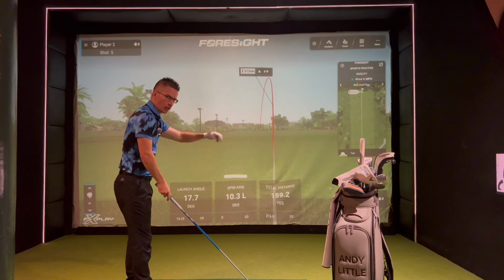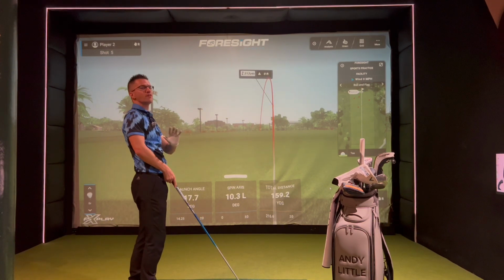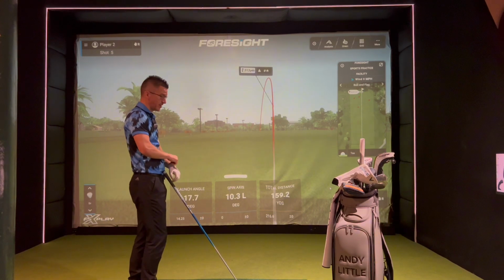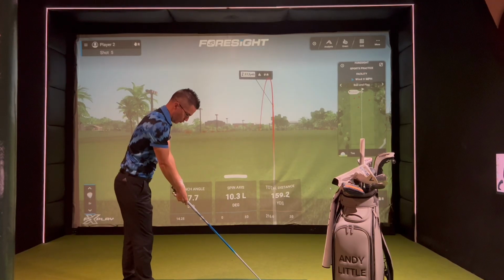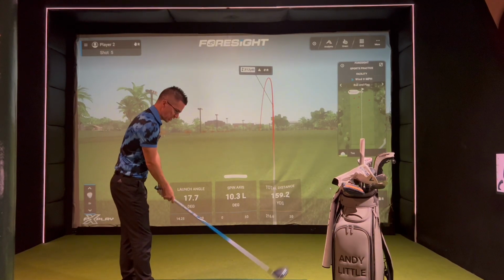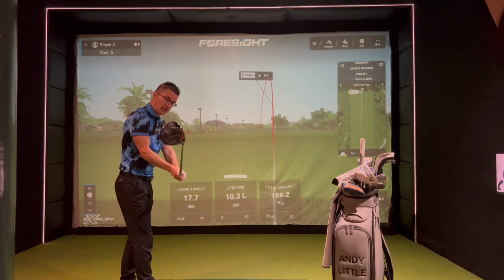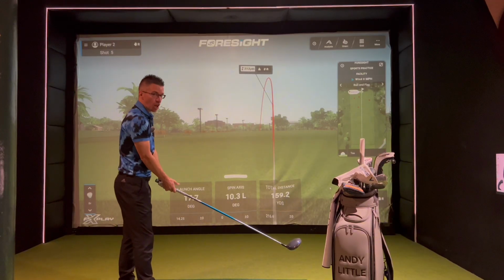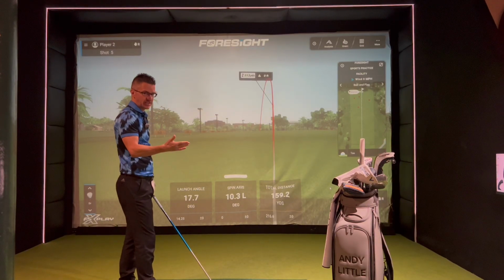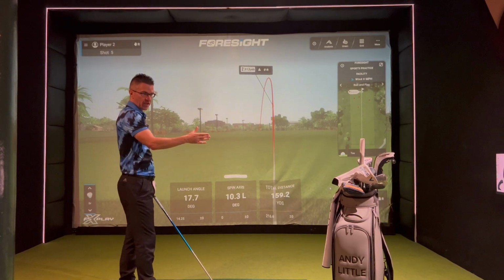Now, I will be honest with you, just to cover my back, I probably launch it a little bit too high, so my launch angle might not be as low as I would like. With driver, I would say as close to 10 is ideal. Most people are going to be in the low range of the teens.